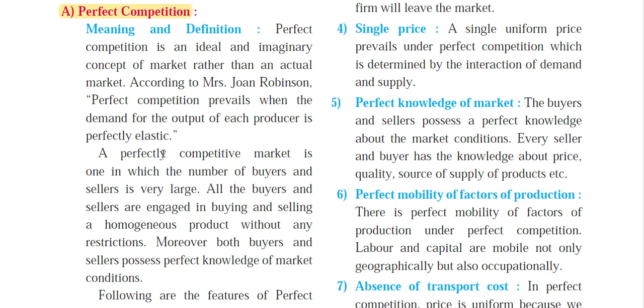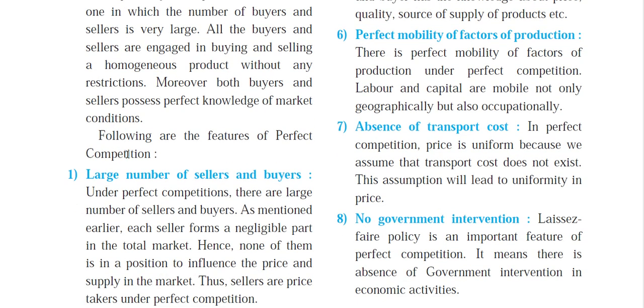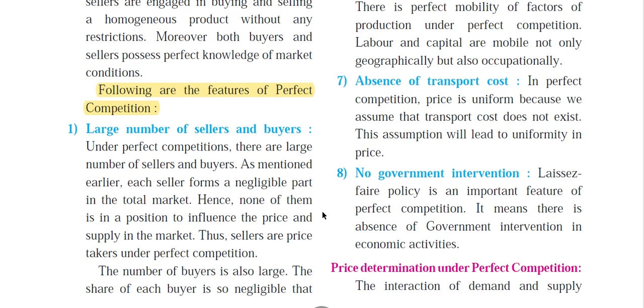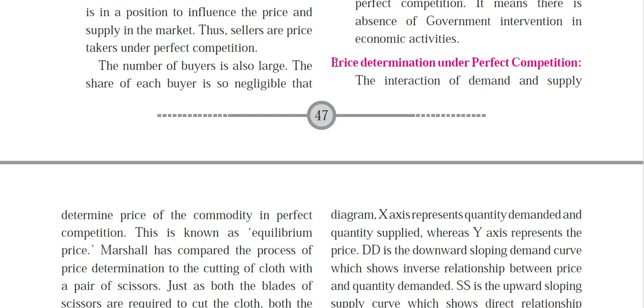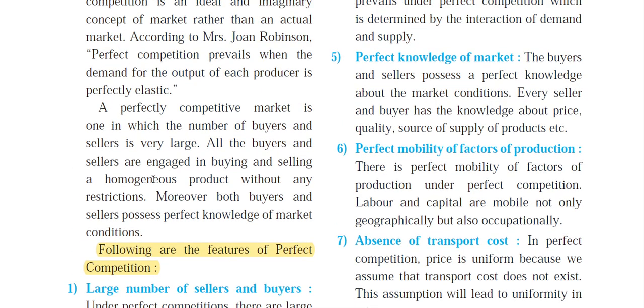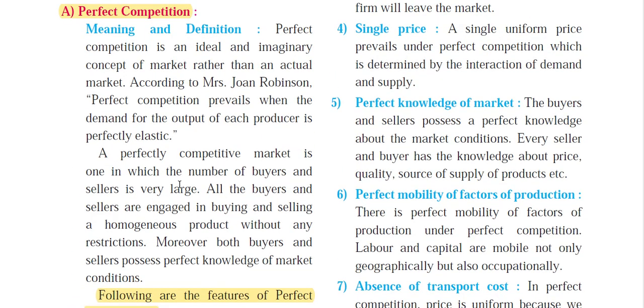Obviously if perfect competition is asked, they will ask it with features, or with price determination, that is how price is determined under perfect competition. In both cases you will first explain what is perfect competition, as defined by Joan Robinson.